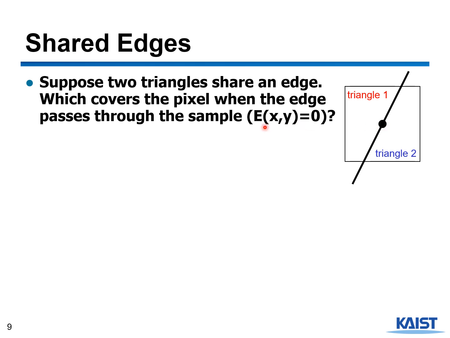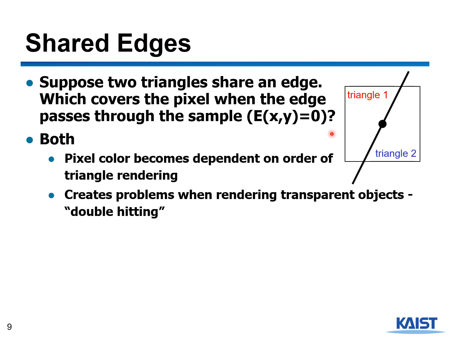Then if we plug in that location, the result will be 0, right? So we need a way of consistently assigning this pixel to either one of the triangles.